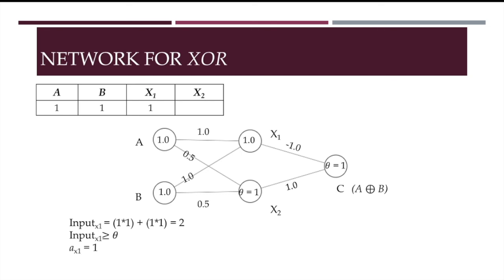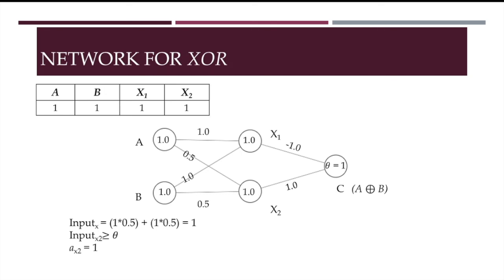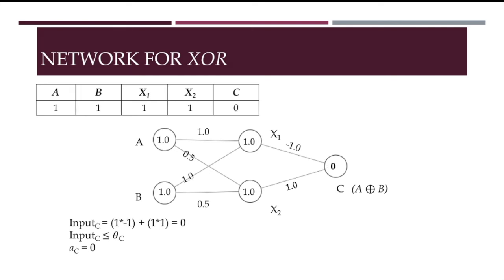So its activation is going to be 1. And in the case of x2, we also have an activation of 1. But that means that the input for C is going to be 0, and that's not sufficient for it to be activated. Suppose that the threshold for C is 1. So this is exactly what is to be expected, right? And I'll leave you to check the other values.